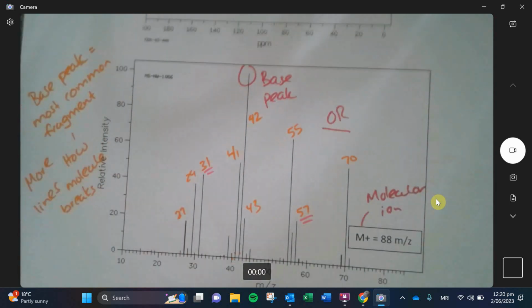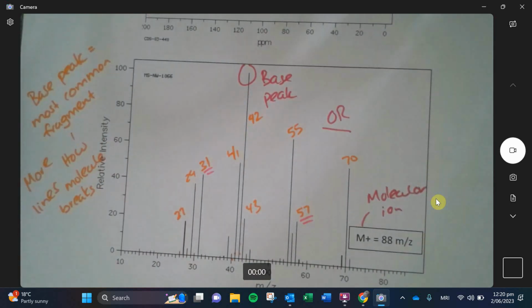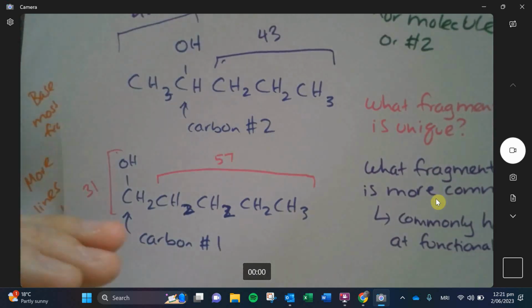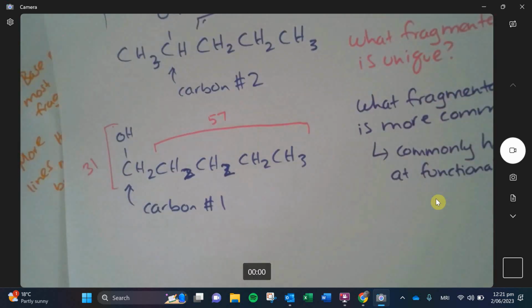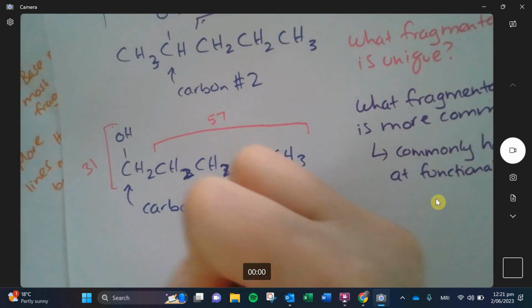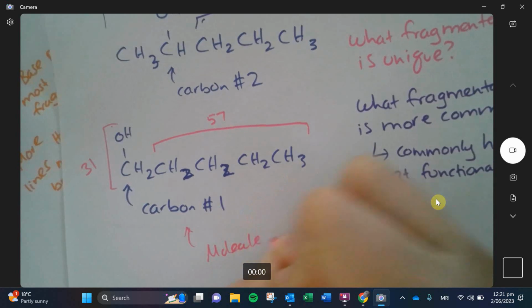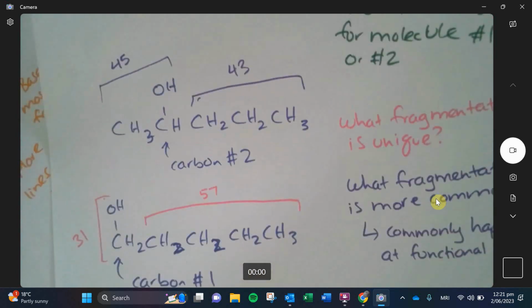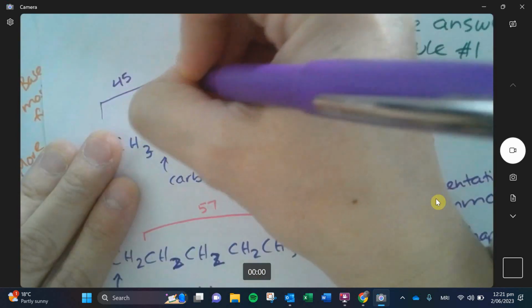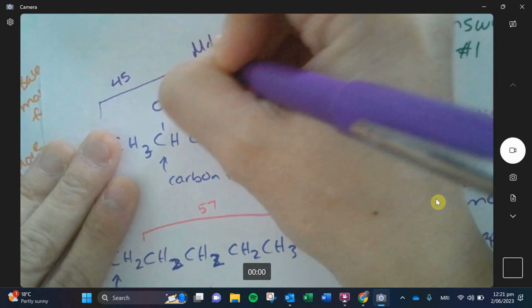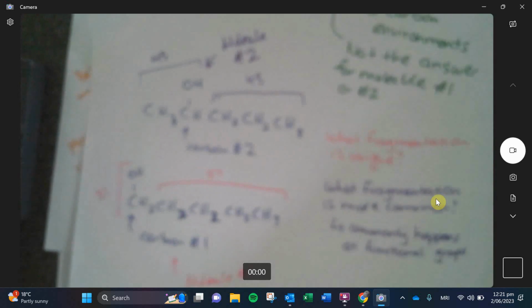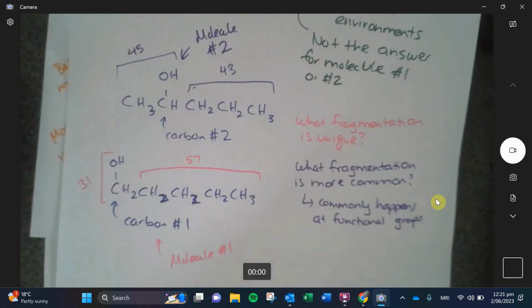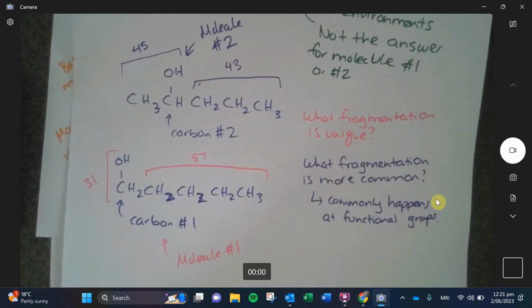You can have a little play with it to verify it, but that would be enough to verify that this bottom one is for molecule number 1, and the top one is molecule number 2. So that's why that fragmentation is really important. It can help us distinguish what's what.